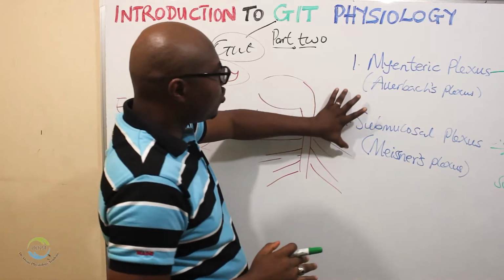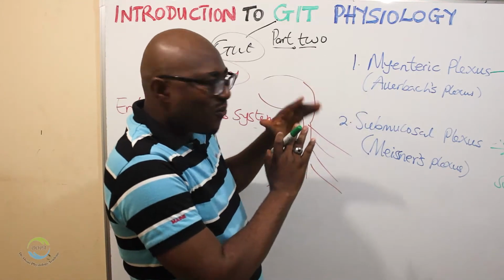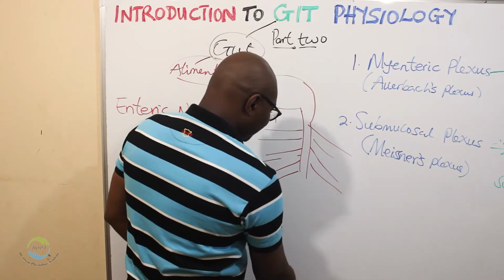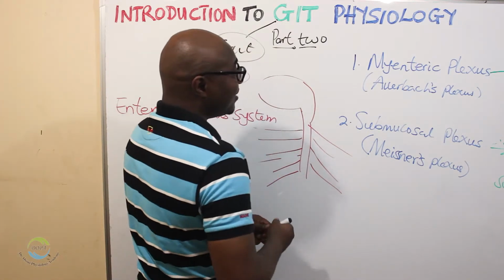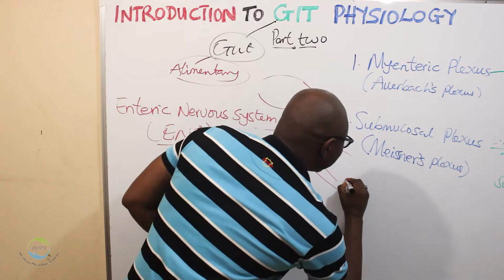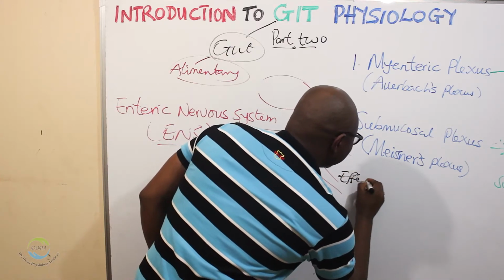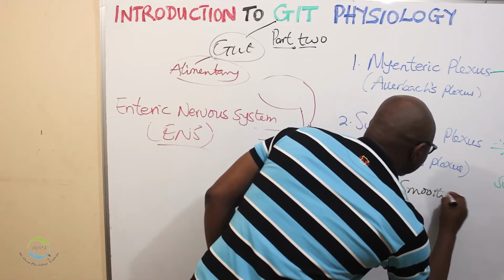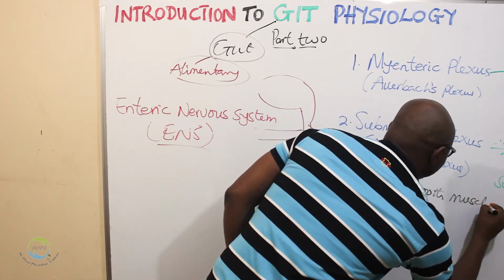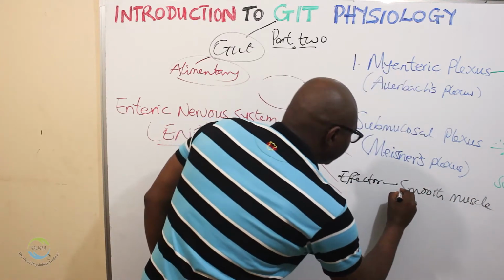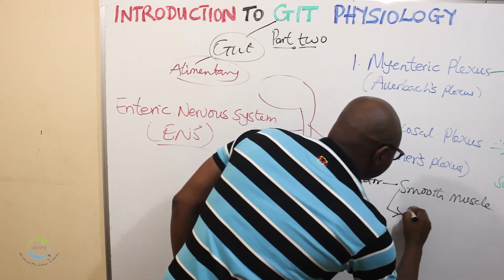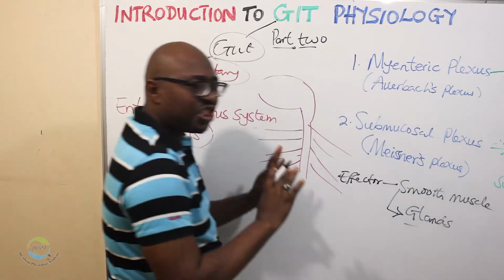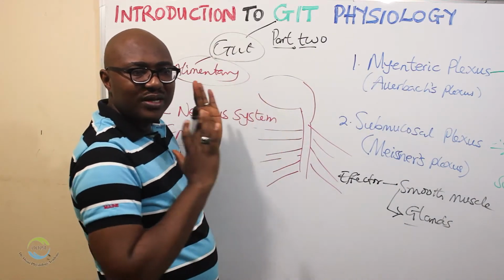These two plexuses have special roles. You see how there's a division of labor between them. The effectors are, one, smooth muscle, and two, glands. So they share the work between themselves.